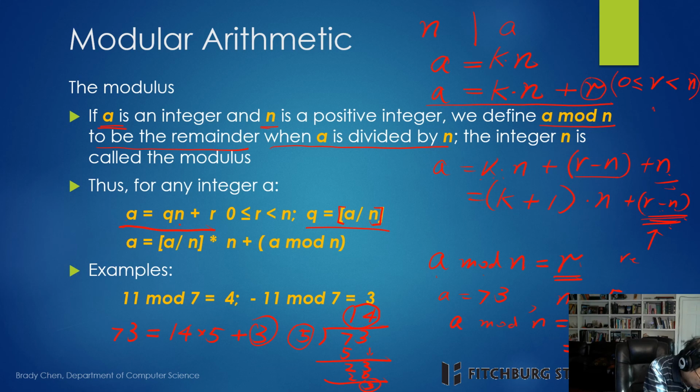And r is called the remainder, which is less than n. We sometimes call this floor division. When you divide a by n, the result may not be an integer. If it has a fractional part, then we get rid of the numbers after the decimal point. And that's floor division. We call it floor division.